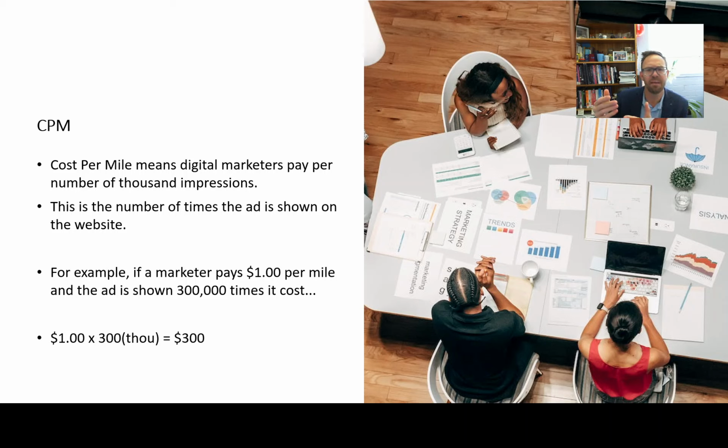That effectively means per thousand. That's where we get millimeters, and this means 1,000. So $1 per 1,000 impressions. If the ad is shown 300,000 times, it's $1 for every 1,000, and there's 300,000. That's $300.